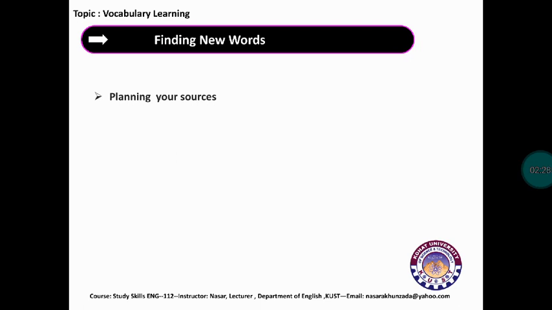It is up to you to search out words from many sources, developing your own hunting plans. Successful language learners report these sources. For example, words, phrases, extra reading in the text, conversing with native speakers.